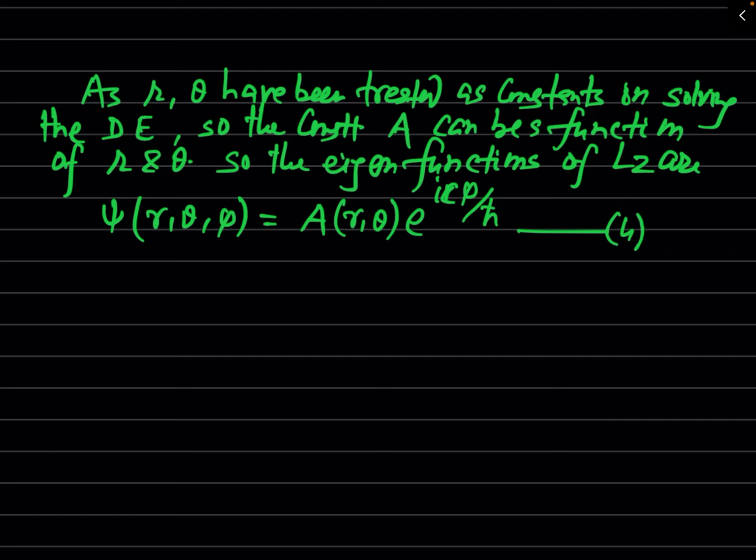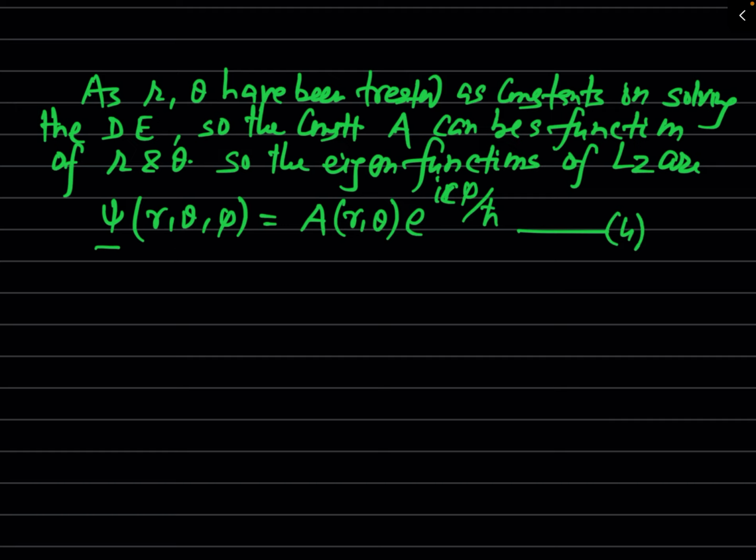If you consider two points, let us say r theta phi and another point, r theta phi plus 2 pi, then when the variable phi changes by 2 pi, there will be no change in this eigenfunction, because physically the point for which phi is equal to phi and phi is equal to phi plus 2 pi are not different points but the same point.